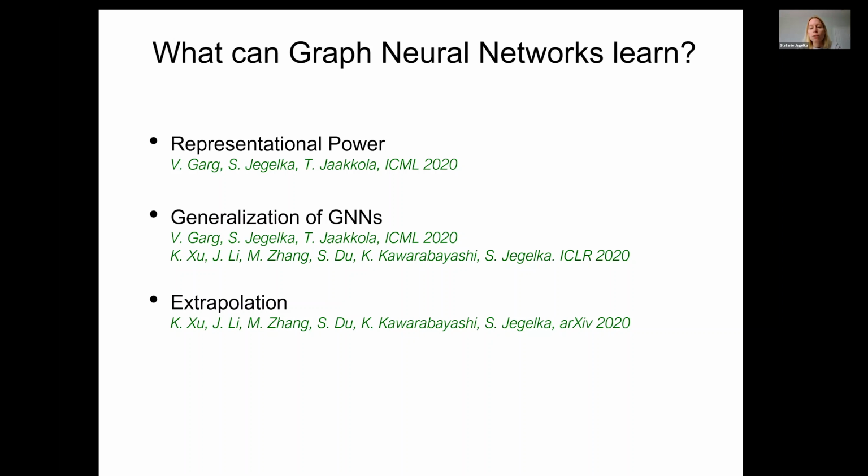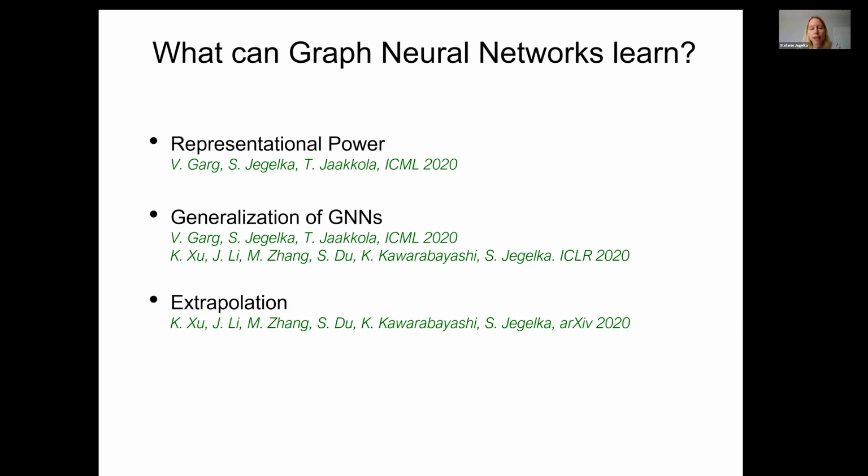And then we look a little bit at their generalization and learning properties. So we look at generalization bounds for graph neural networks from the perspective of Rademacher complexity, and from the perspective of an interaction between the structure of the task and the structure of the network.